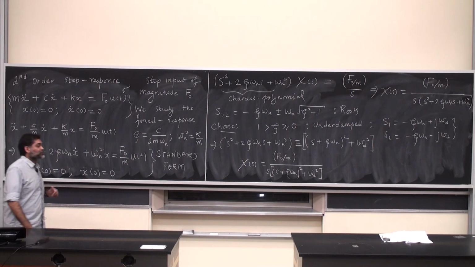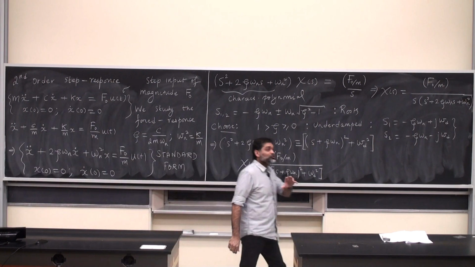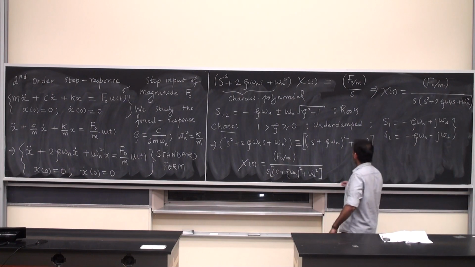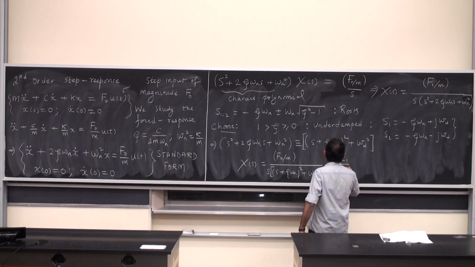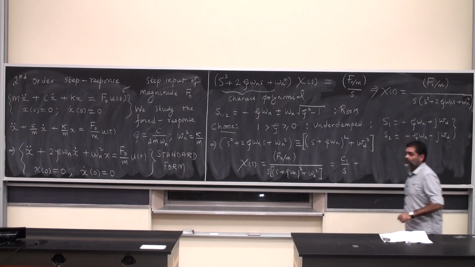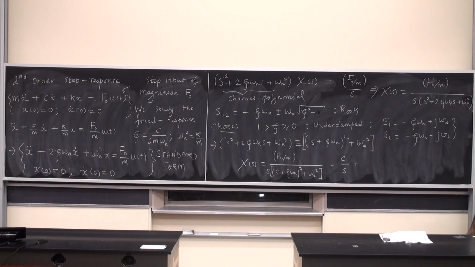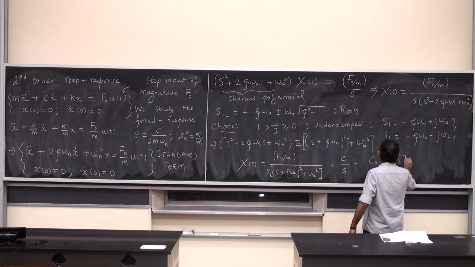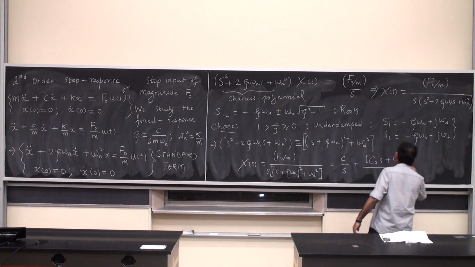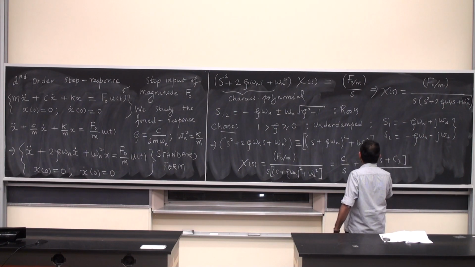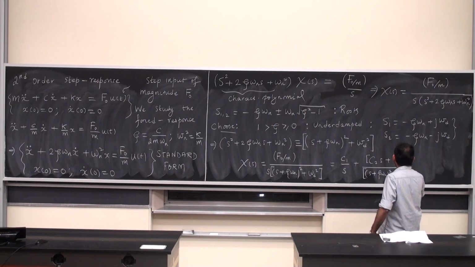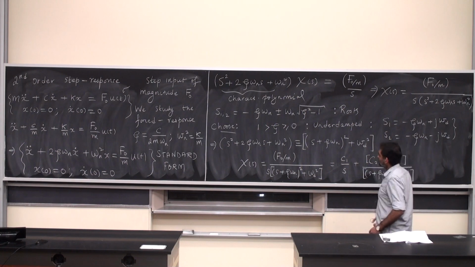And then we split this, because we expect sinusoidal solutions, we split this into three pieces. First piece will handle the s term, so this is c1 by s. Then the second piece is going to give us, upon partial fraction decomposition, sines and cosines, c2 s plus c3 by (s plus zeta omega n) whole square plus omega d whole square.